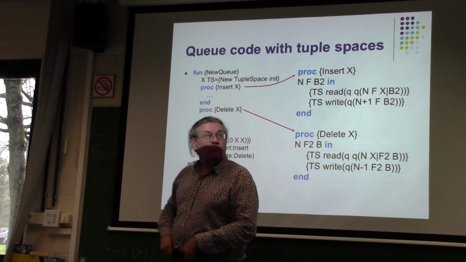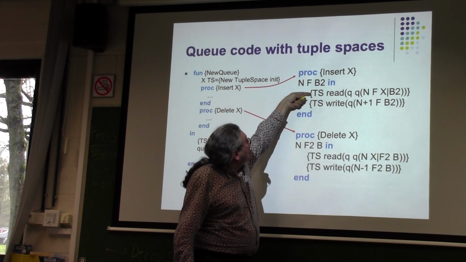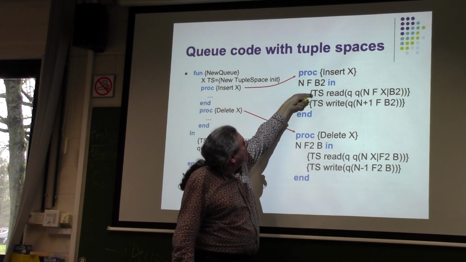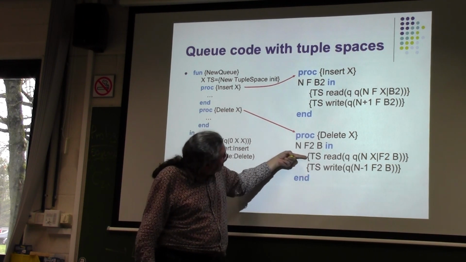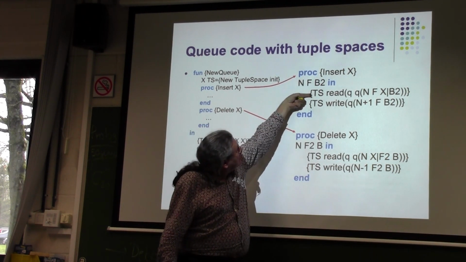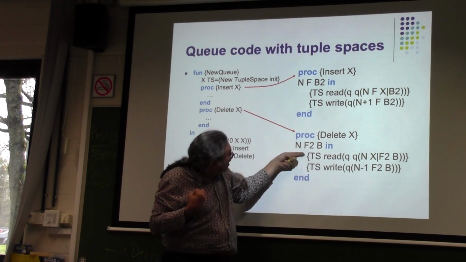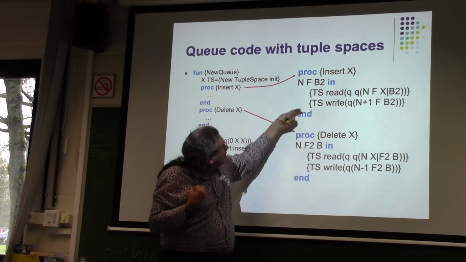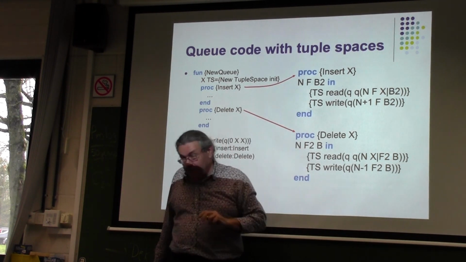Because if a second thread, let's say you do the first one, you do insert, you start by reading. If somebody else wants to do delete, they will block here. Because the read here, the tuple is out. So there's no more tuple inside. So the read will wait until this guy puts in the tuple again. So you automatically have synchronization.